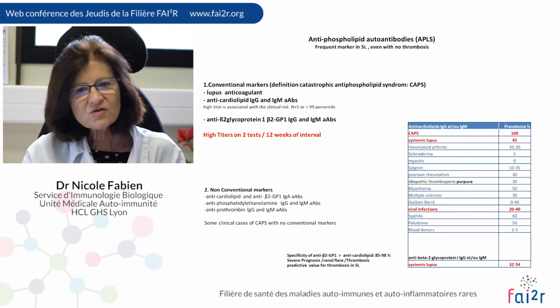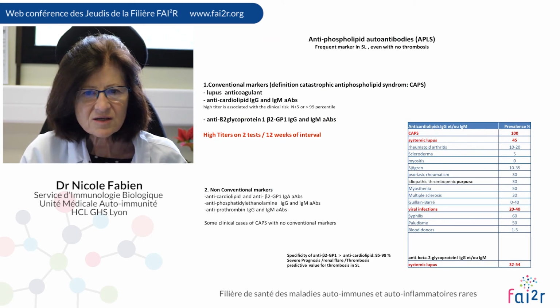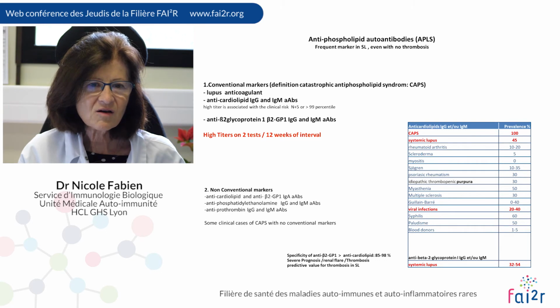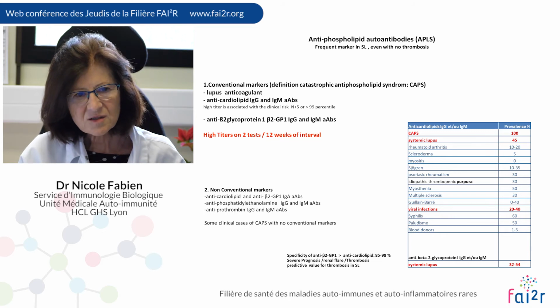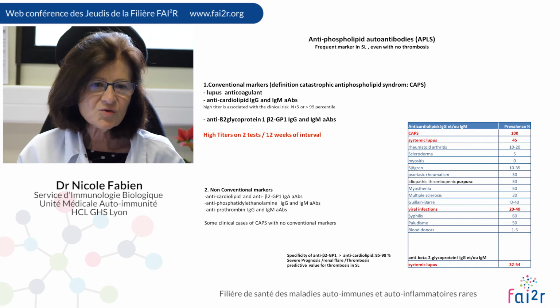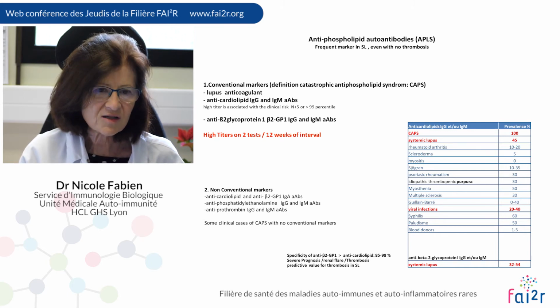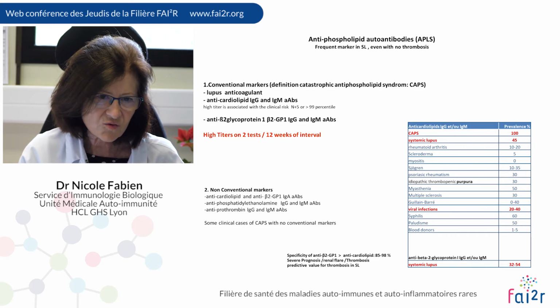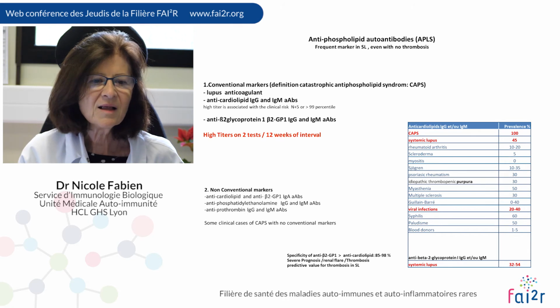For antiphospholipid syndrome, which is a frequent marker in systemic lupus, you can have two types of markers. One is conventional markers, and you should ask for three of them: lupus anticoagulant, anticardiolipin IgG and IgM, and anti-beta 2 glycoprotein 1.